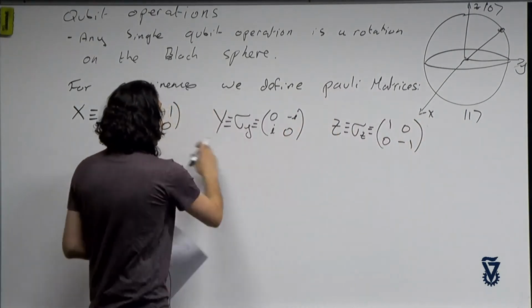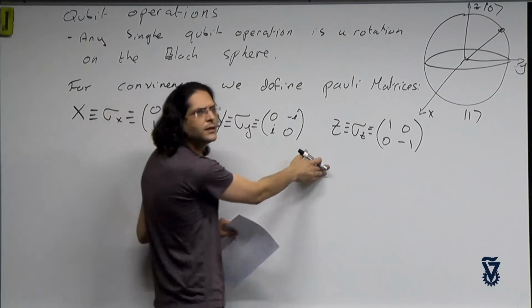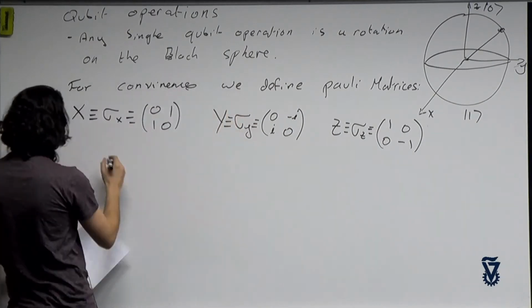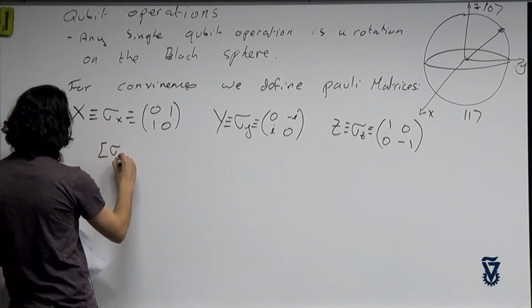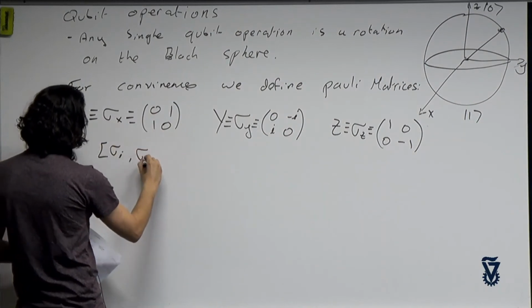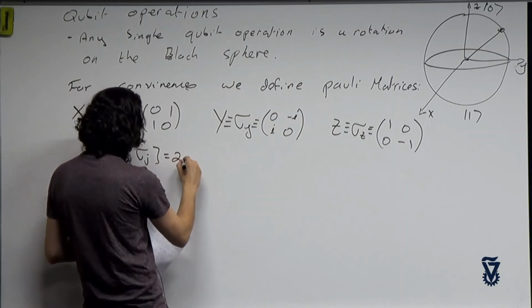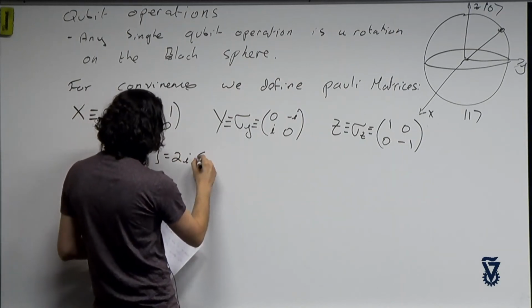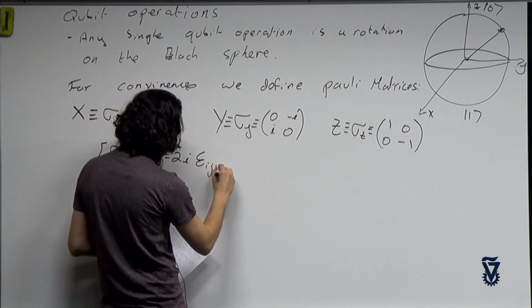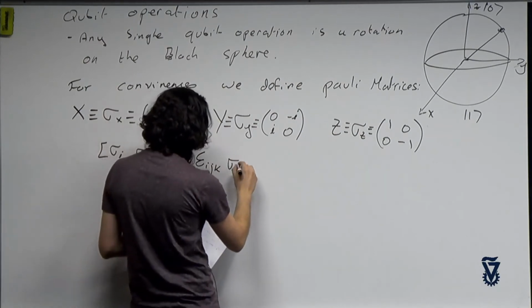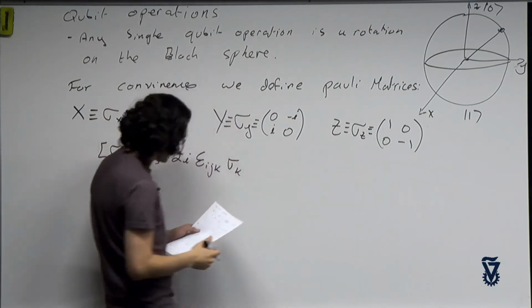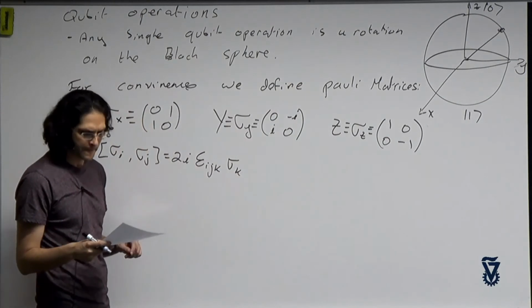And these Pauli matrices have commutation relations such that the commutator of sigma i, sigma j equals 2i epsilon ijk sigma k.